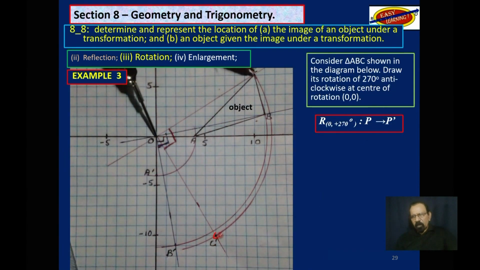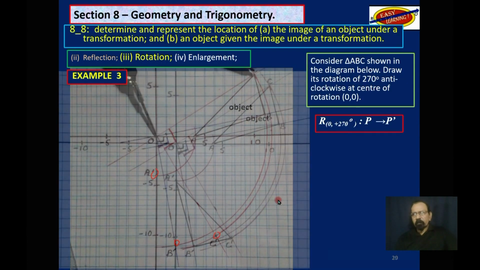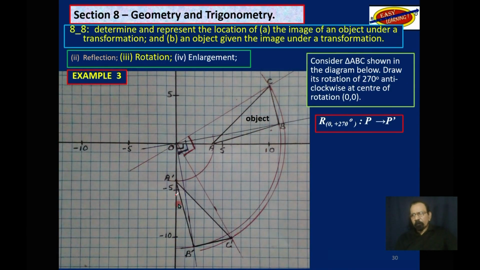And this gives me C prime. So now I have A prime, B prime, and C prime. All I need to do is connect them. I connect A prime to B prime to C prime back to A prime with straight lines, and that will give me the image on this condition. An anticlockwise rotation of 270 degrees at the origin.